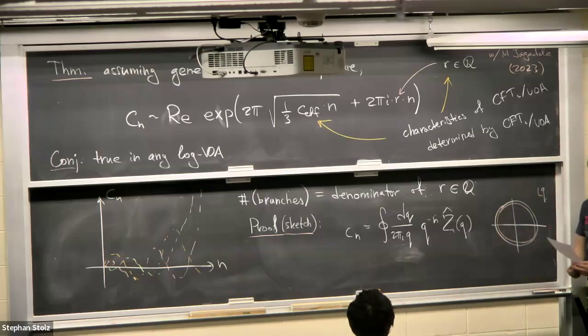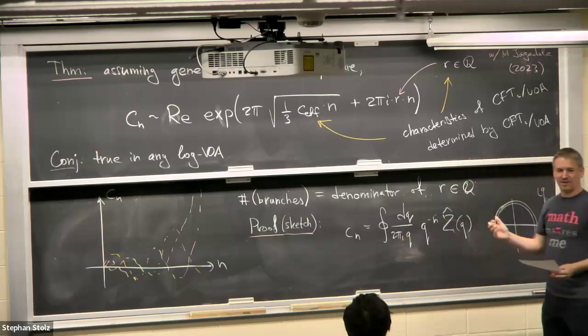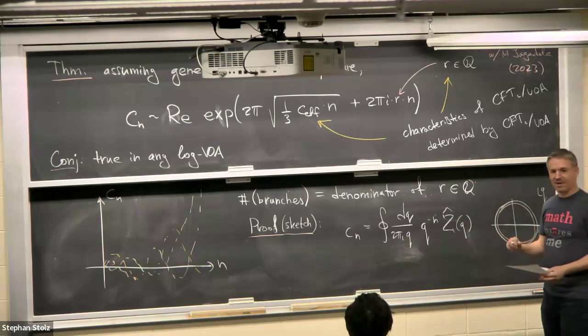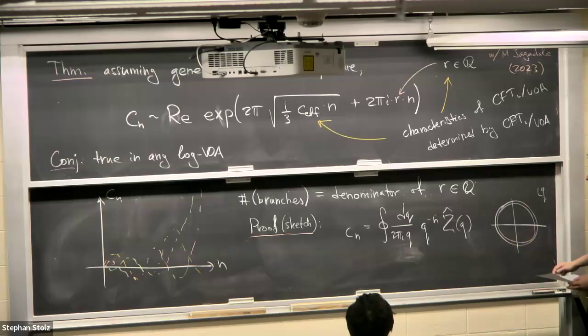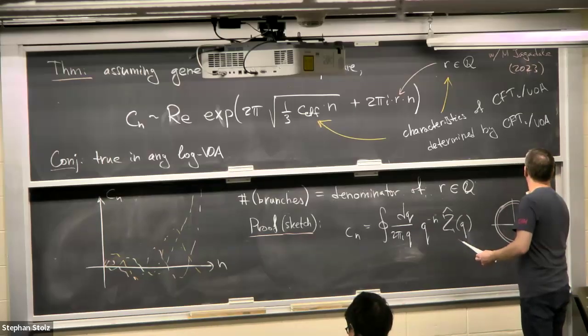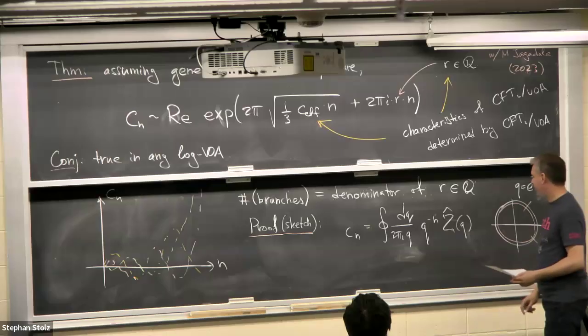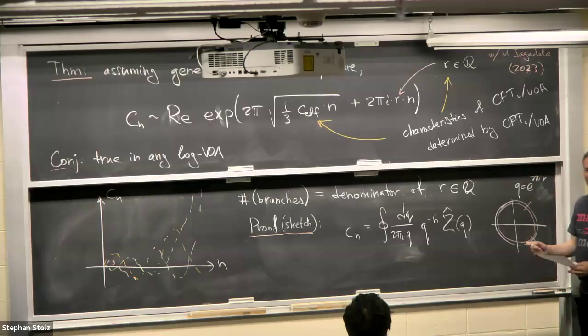The way Cardy got his result is basically by asking what is the saddle point that dominates the expansion. For him it was always q equals 1. But here, some value of q, which is q equals e to the 2 pi i r, dominates the expansion. And of course there is a similar point here because these are real. That's where this peaks, and that determines the R.